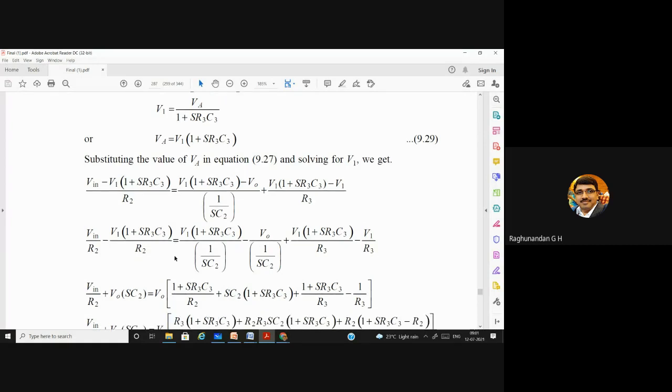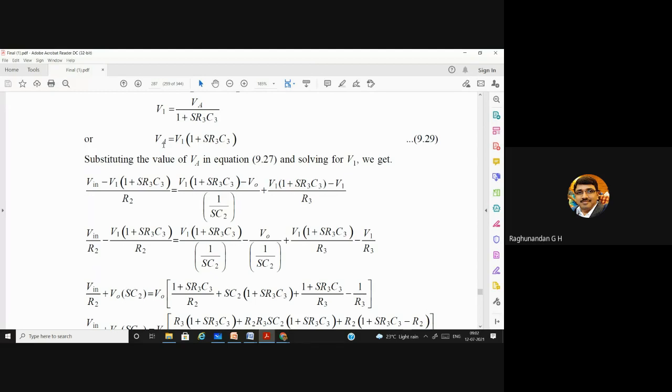Now our final intention is to find the output voltage. We have found the effective voltage at A, and now we substitute that VA into the KCL equation. We want the output voltage, because only when we find the output voltage can we get the gain, arranged as output by input.